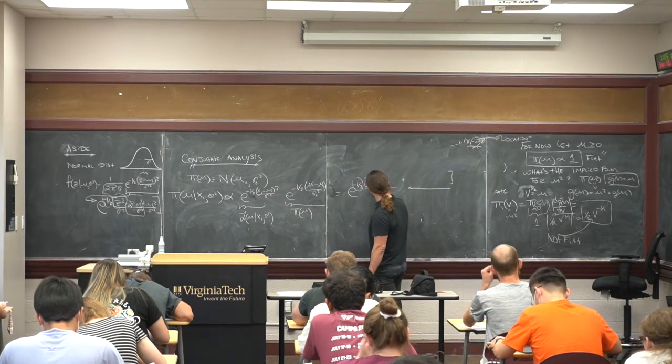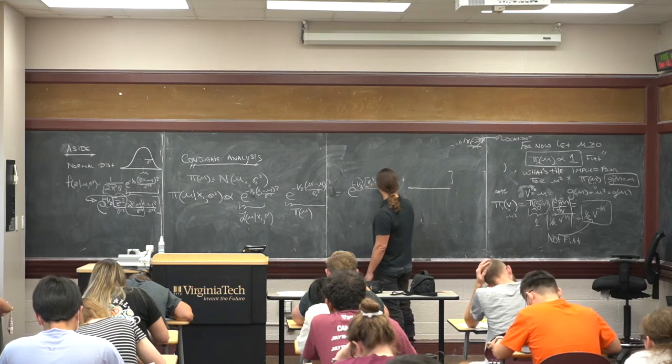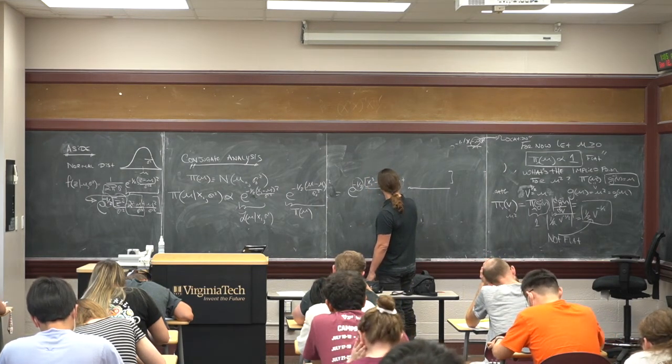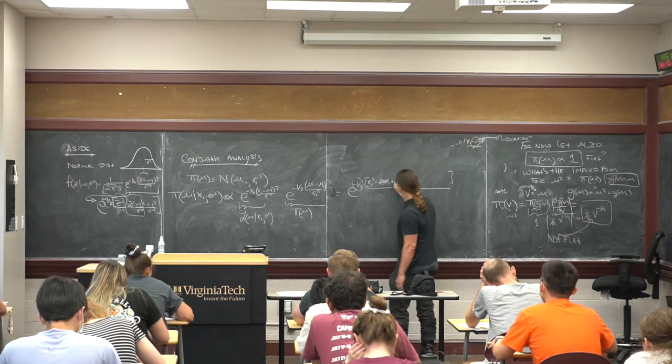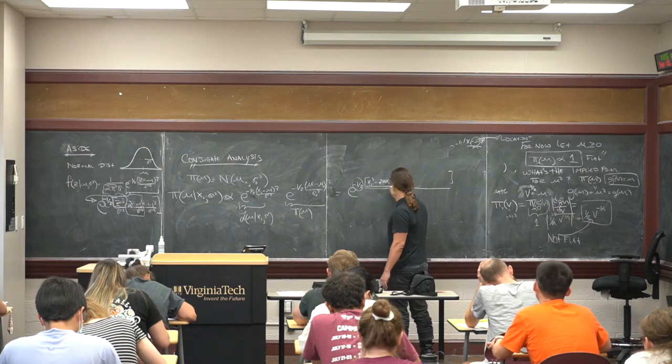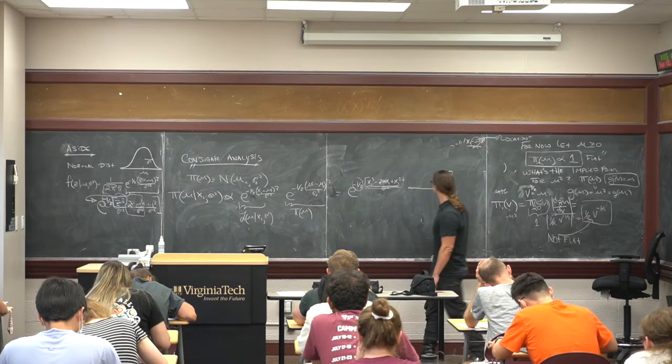So this is going to be x1 squared minus 2 mu x1 plus mu squared, all divided by sigma squared.